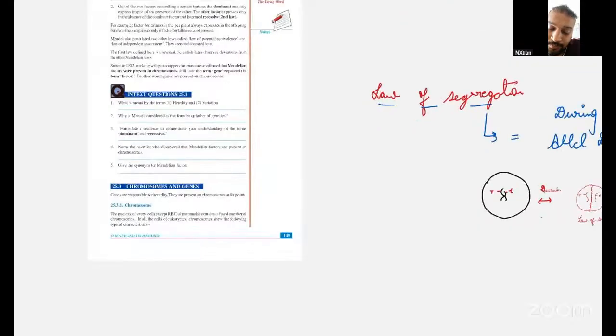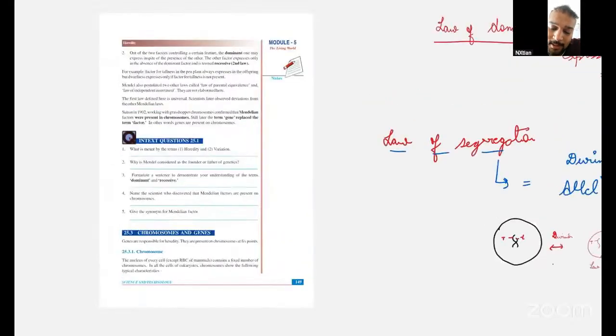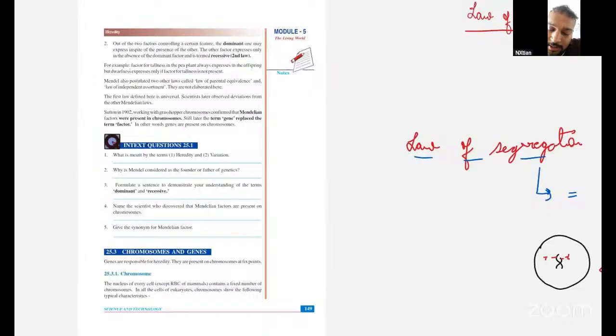For example, the factor of tallness in the pea plant is always expressed in the offspring, but dwarfness is expressed only if the factor of tallness is not present. What is this statement trying to say? When small t and small t are there, then we can see the dwarfness of the plant. Agatha, why only small t small t gives dwarfness, and why not capital T and small t?